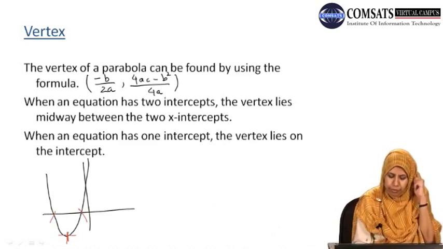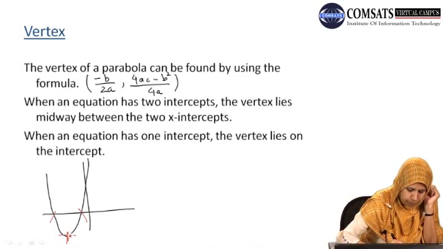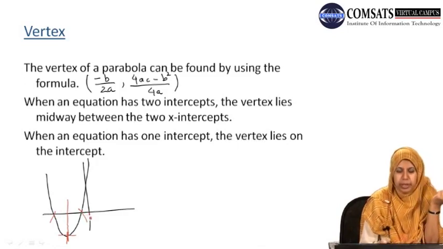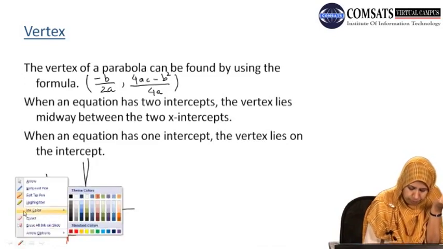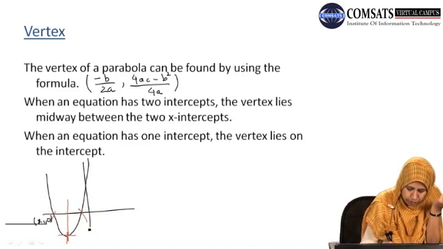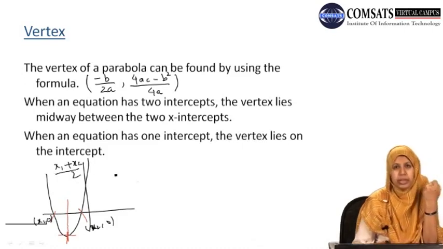In this case, we have two x-intercepts, so the x value of the vertex will be the midway point, that is the sum of this x-coordinate plus this x-coordinate divided by 2. If this point has coordinates, let's say, x1, 0, and this point has coordinates x2, 0, then the x-coordinate of the vertex will be equal to x1 plus x2 divided by 2.